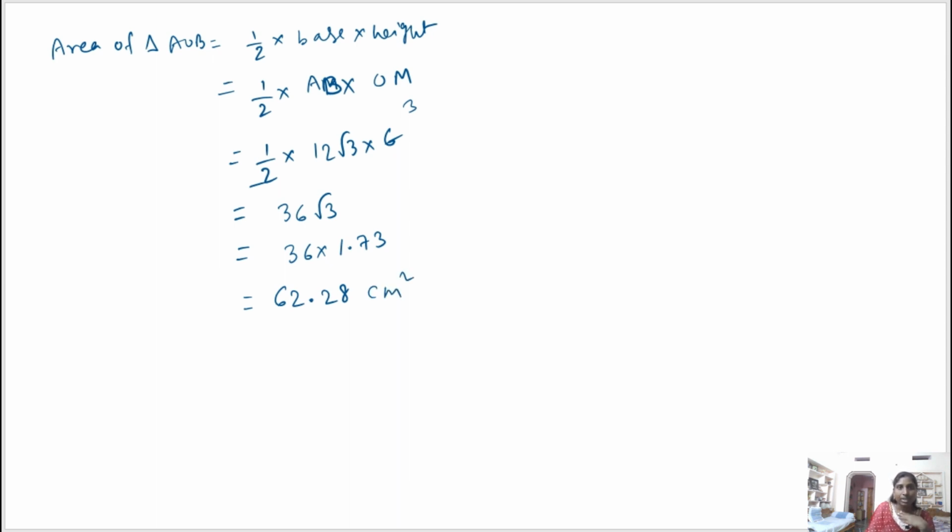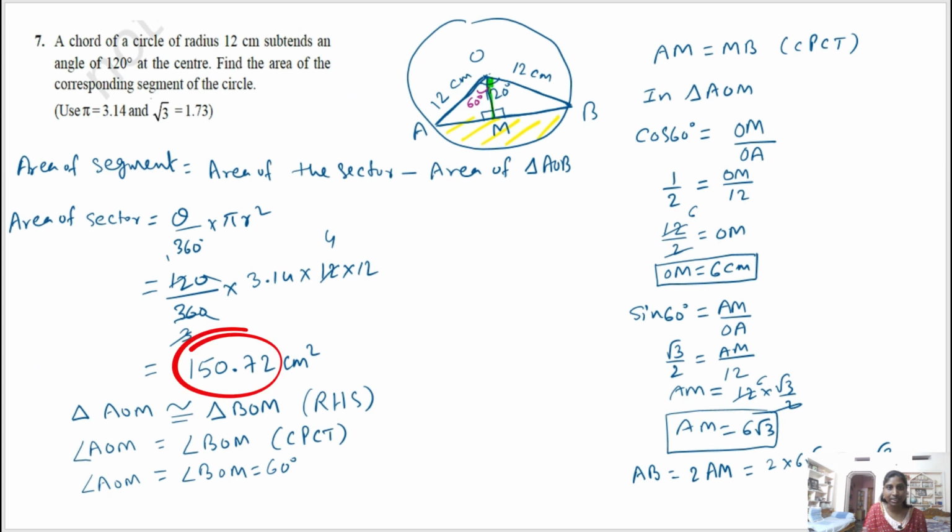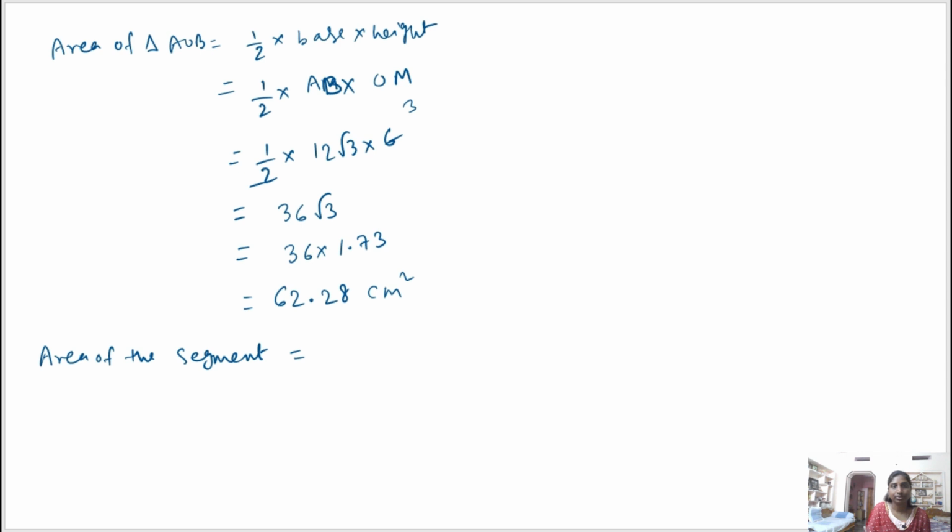Now, what is the area of the segment? The area of the segment is equal to the area of the sector, which was this one, 150.72, minus the area of the triangle, which is 62.28.